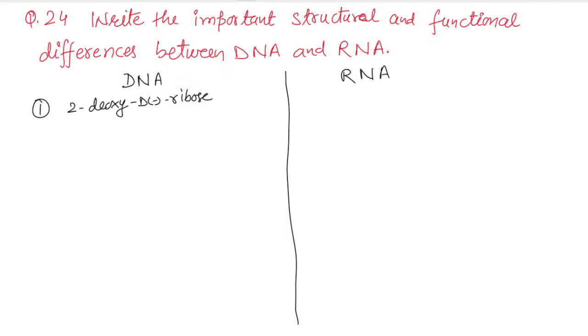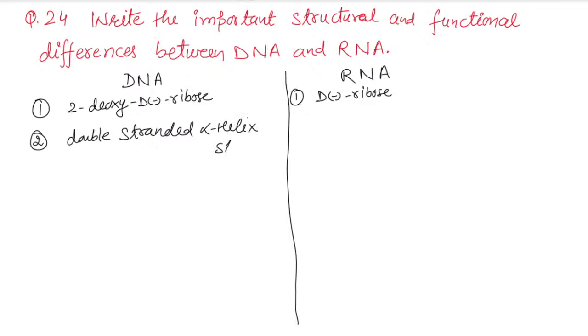And in RNA, the sugar present is D-ribose. DNA has a double-stranded helix structure, and RNA has a single-stranded structure.